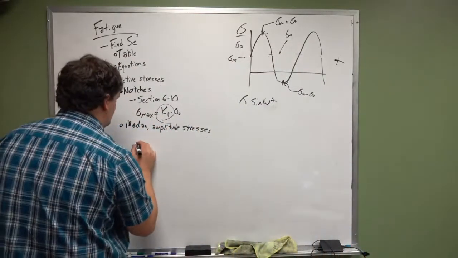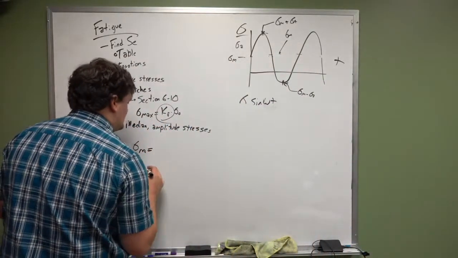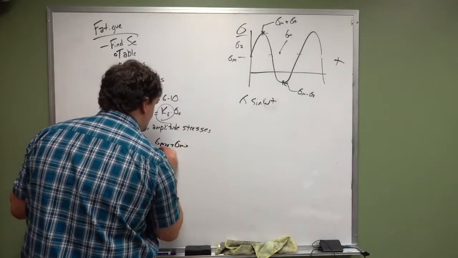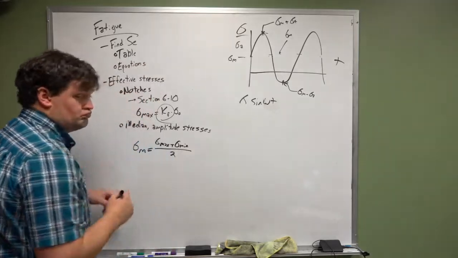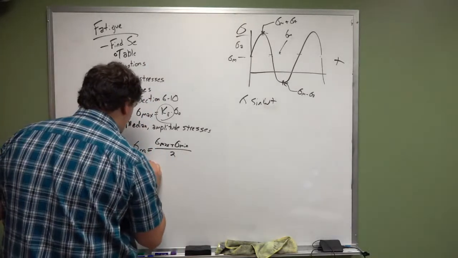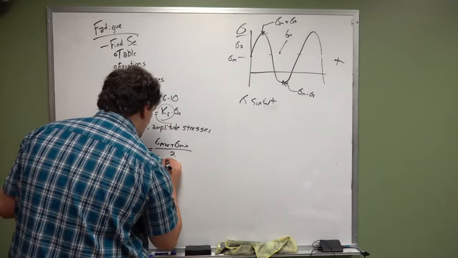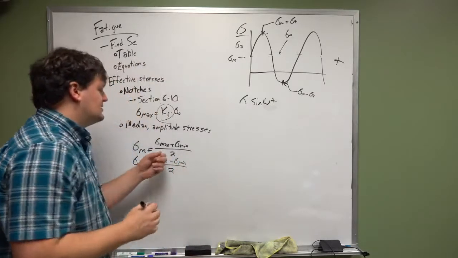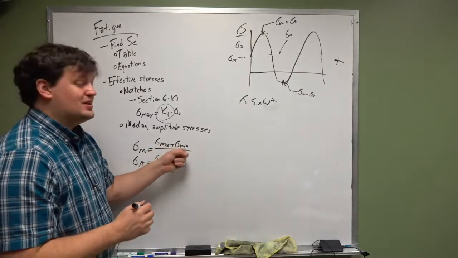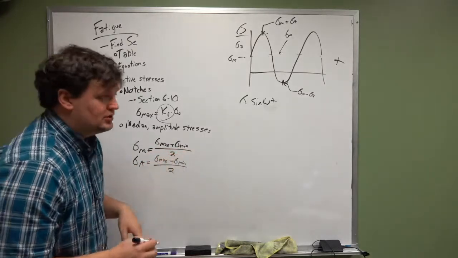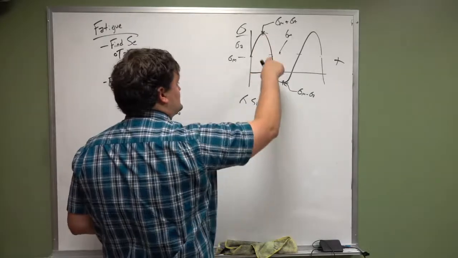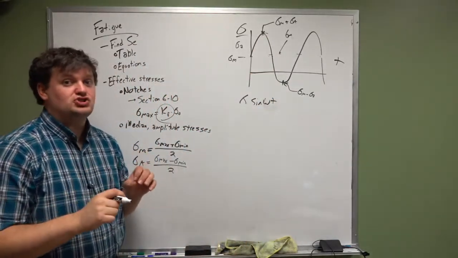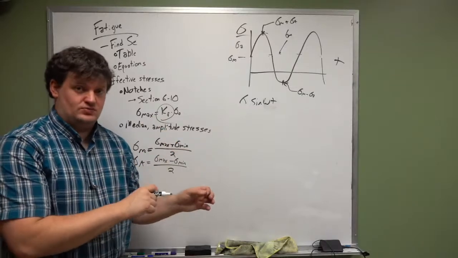Sigma M is equal to sigma max plus sigma min divided by 2. Sigma A is equal to sigma max minus sigma min divided by 2. So you go find where its maximum is and where its minimum is. You will have to calculate stress at that location at 2 different times.